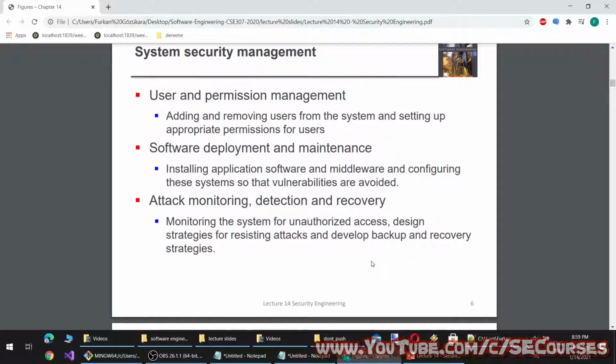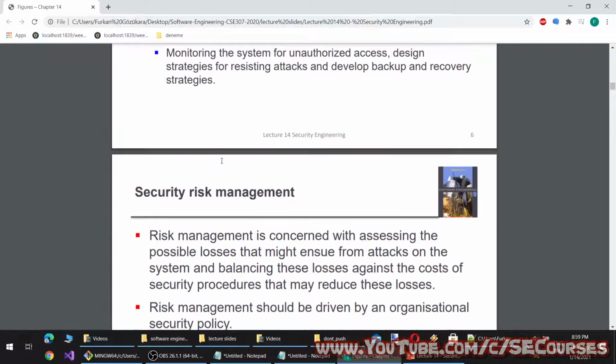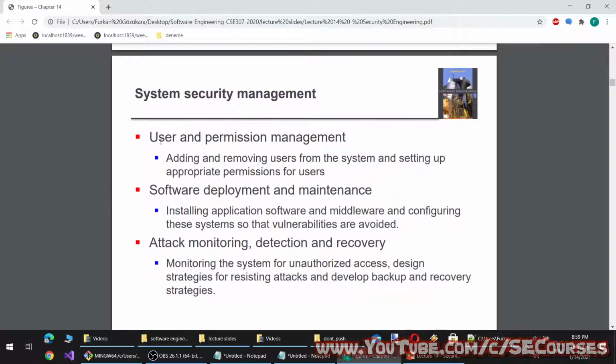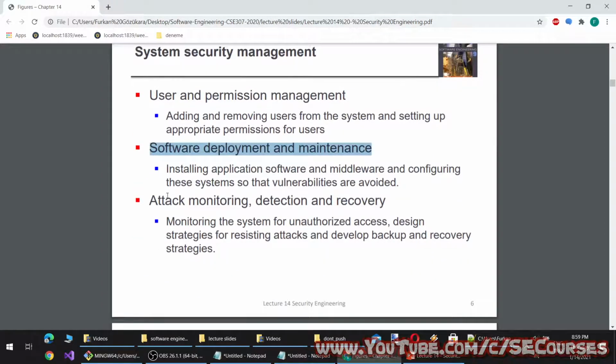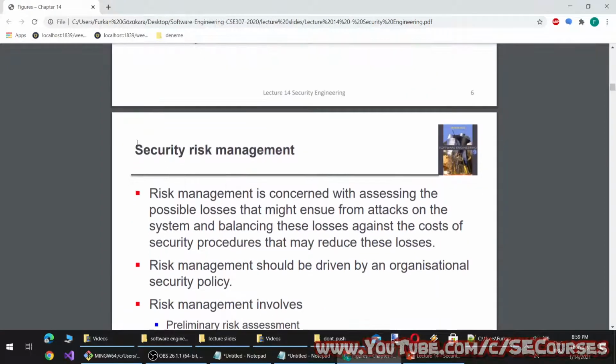Attack monitoring, detection and recovery: monitoring the system for unauthorized access, designing strategies for resisting attacks, and developing backup and recovery strategies. So you see there are three main areas of system security management: user and permission management, software deployment and maintenance, and attack monitoring, detection and recovery.